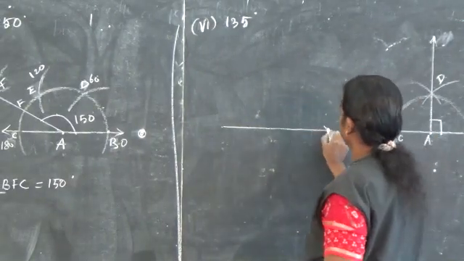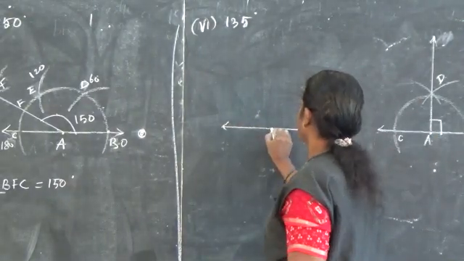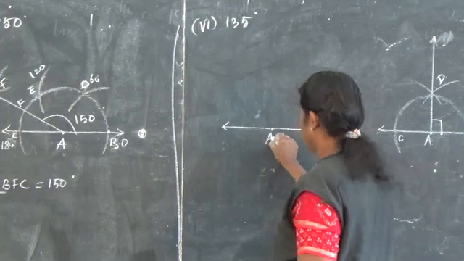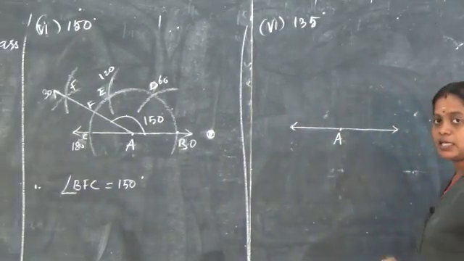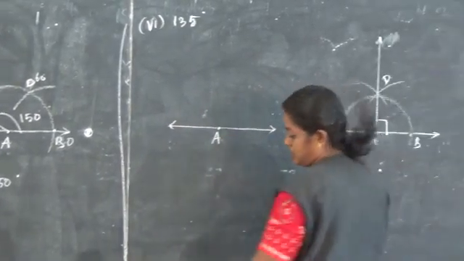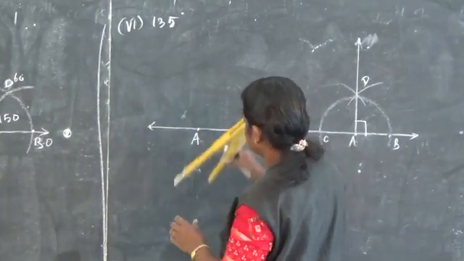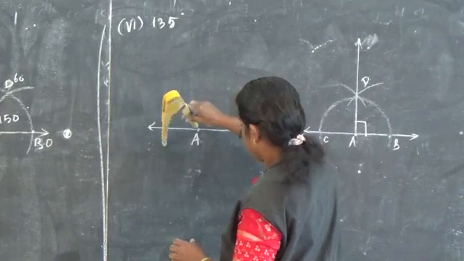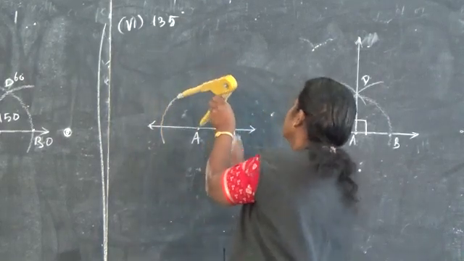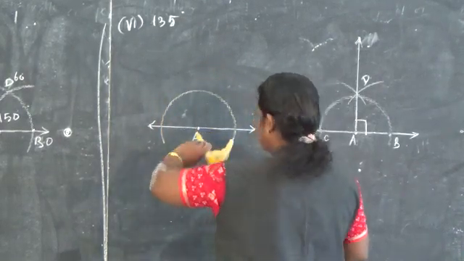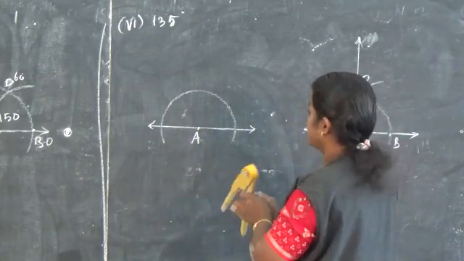Draw a line. Mark a point A on it. Now same measurement, semicircle I am drawing here. I didn't change any measurement.